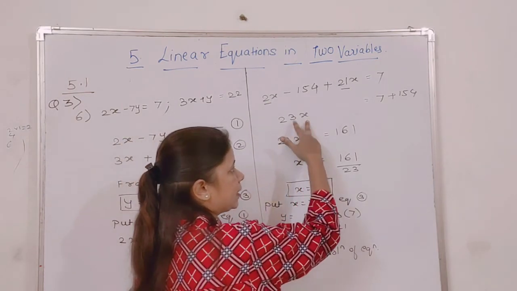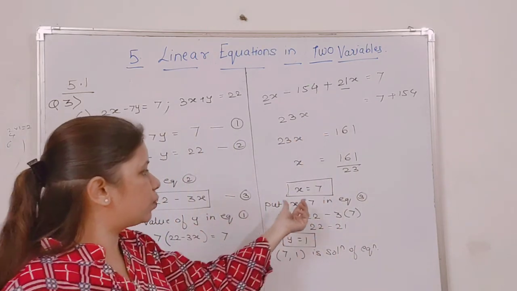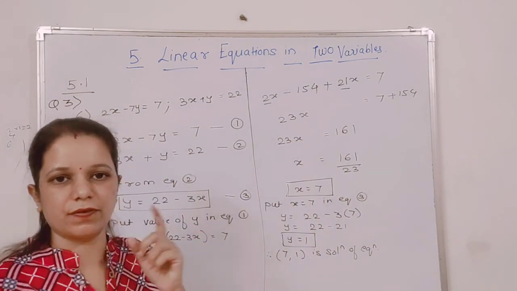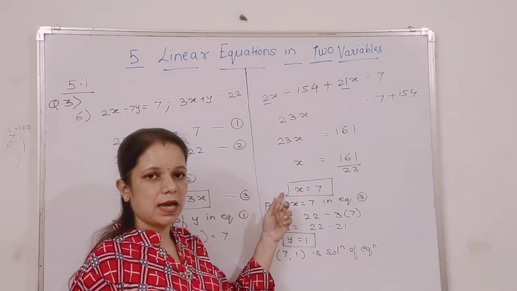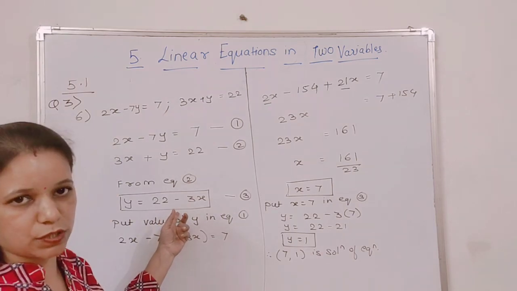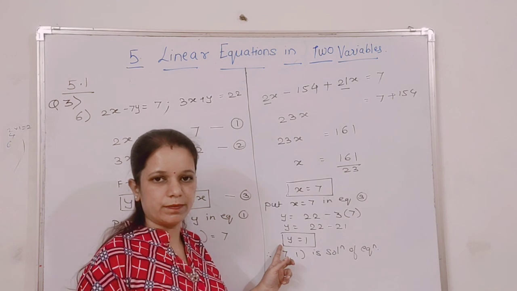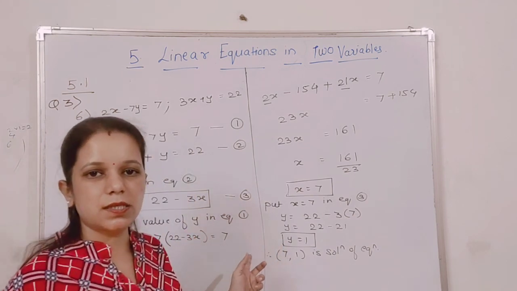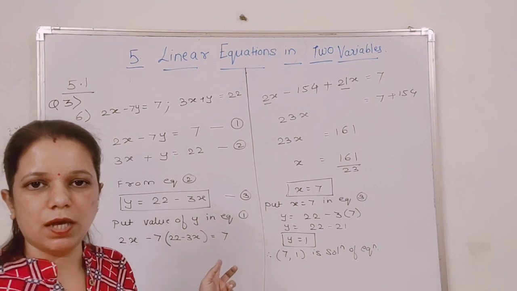It is 23x is equal to this. And then I have solved to get the value of x as 7. Now this value of x, I will put in equation 3 because this is the equation for y. And I will get the value of y as 1. Very easy, simple method, that is the method of substitution. Please note it.